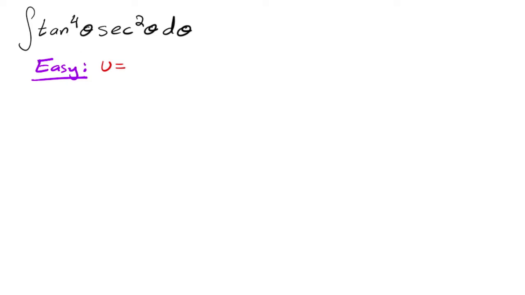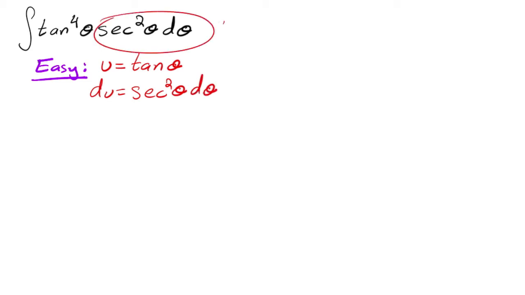this is a relatively simple substitution problem. Why? Well, because notice that if you let u be tangent, the derivative of tangent is simply secant squared. And so you pretty much have du right there automatically. And this just turns into u to the fourth.